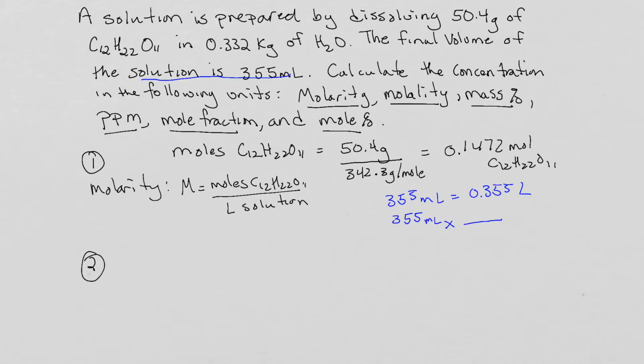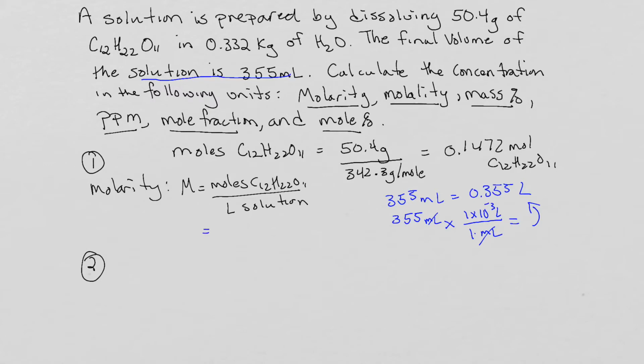So we have 1 milliliter equals 1 times 10 to the minus third liters. And that's how we're going to get that. So got to remember those unit conversions.